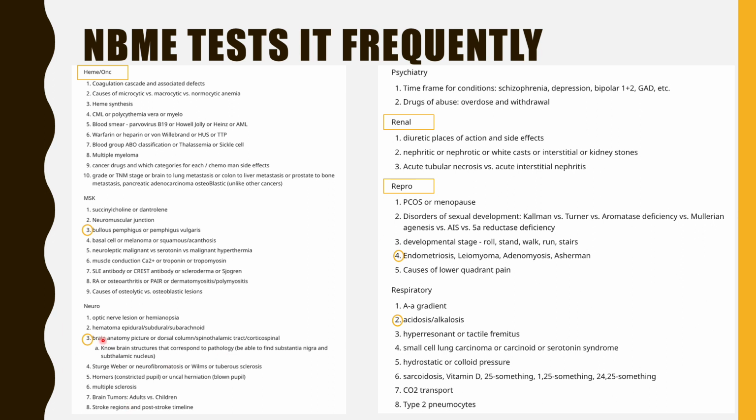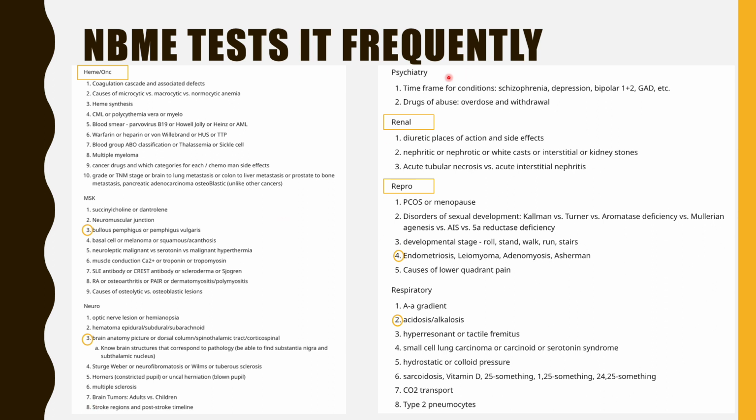So correlating brain anatomy with strokes is very important, and the side, very important as well. It's always, like most of the time, it's contralateral. All right. Okay, so stroke regions, very important, number 8.